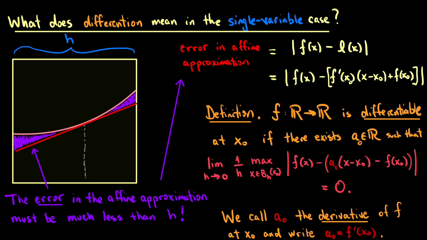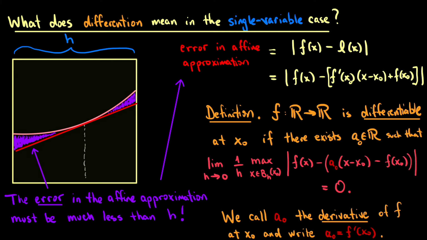This number, before I divide by h, represents the longest purple vertical line segment here. In this case, it would be one of the points on the very edge. If we divide by h, we're measuring the ratio between that maximum distance and the size of the whole square. And I think you would agree that if something's a good linear approximation, then this distance should go to 0 relative to the whole distance of the square.